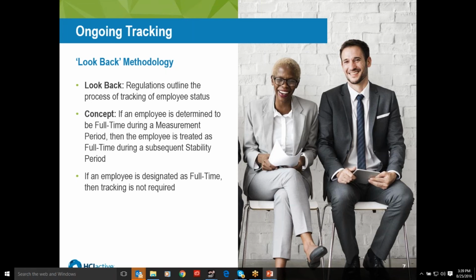The employees that are already designated as full-time employees do not need to be tracked, but it's those that you may have that are part-time, hourly, variable hour employees, seasonal employees. It's those type of employees that as an employer you need to keep an eye on with ongoing tracking.